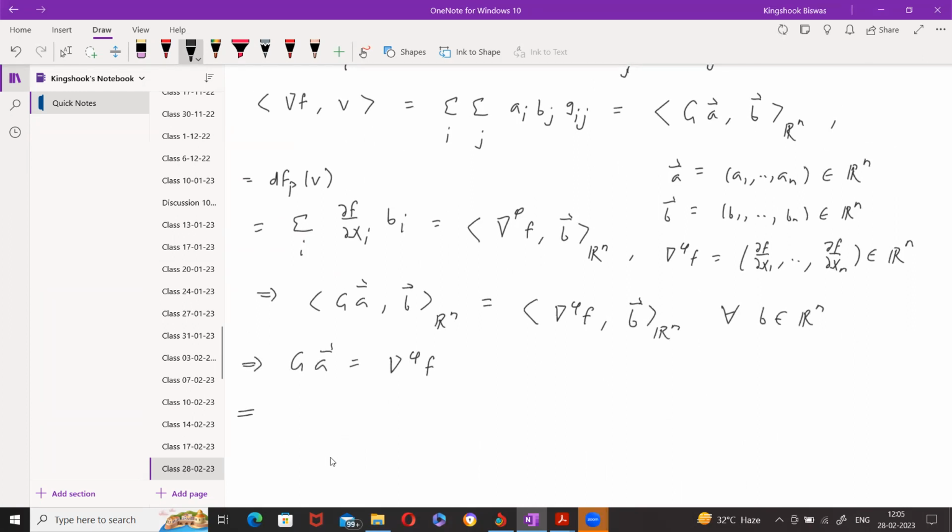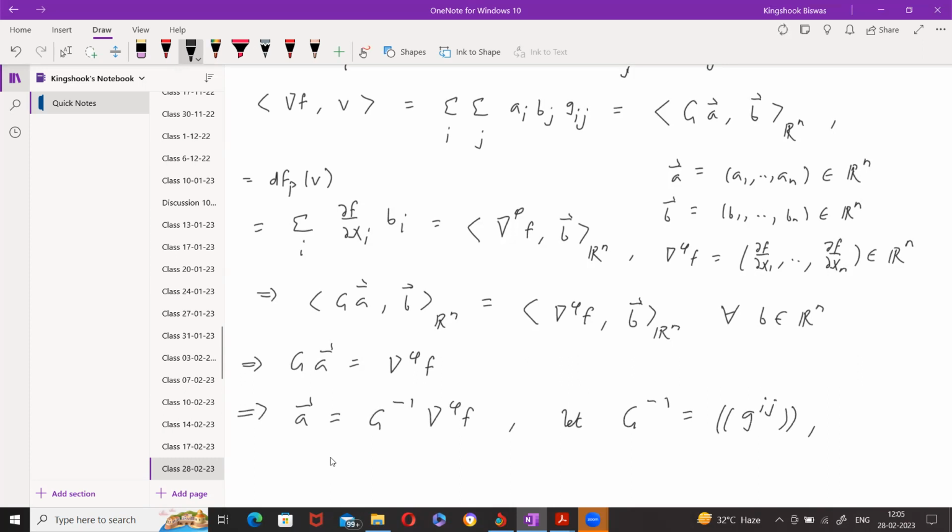So that implies that A is equal to G inverse grad phi f. Let G inverse be the matrix G upper ij.